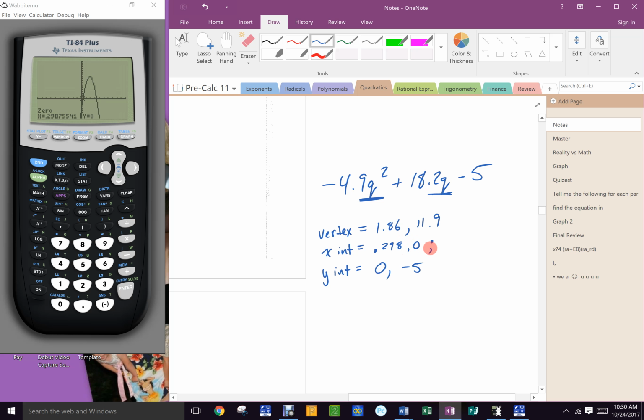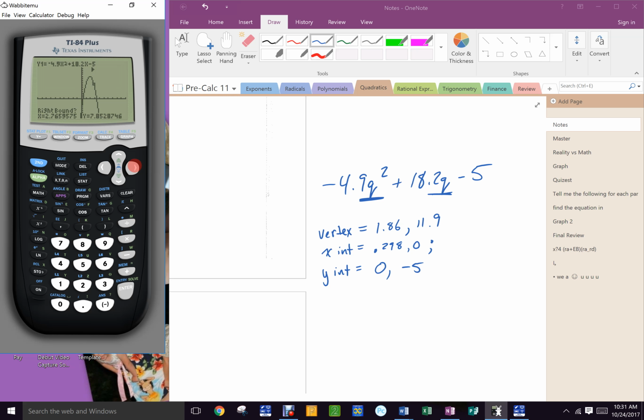Now, is there another x-intercept? Yes. So I go second, calc, 0. Now I need to get to the left of it. Am I to the left of that x-intercept right now? Look at my flashing cursor. There's the x-intercept. Is my cursor on the left? Yes, because my y values are positive.